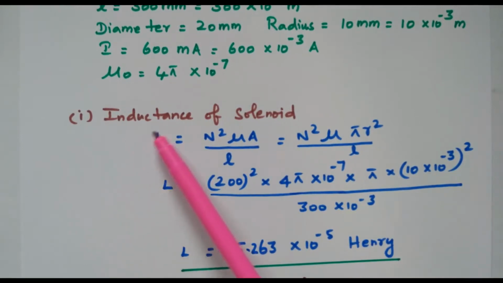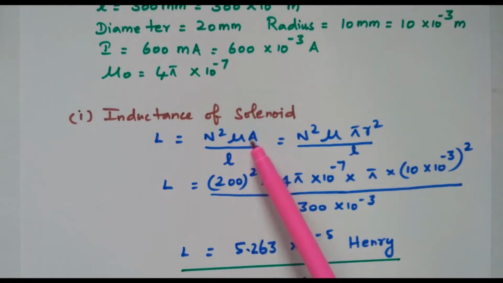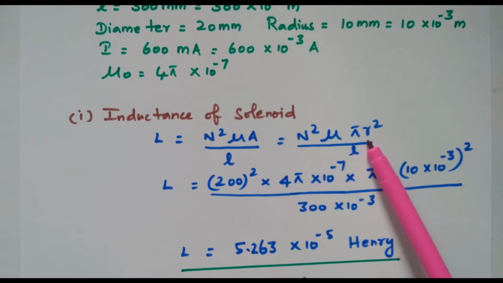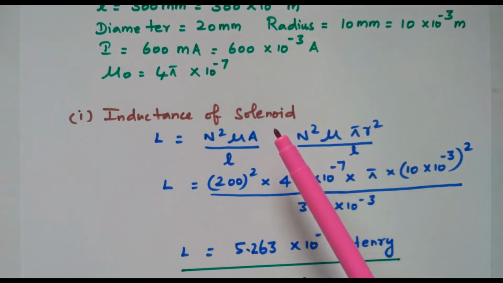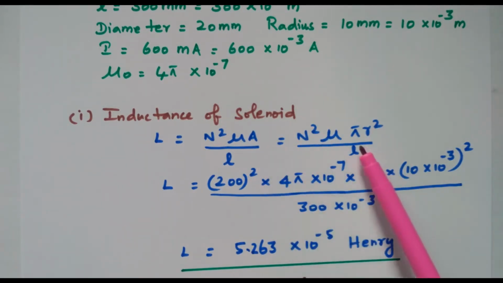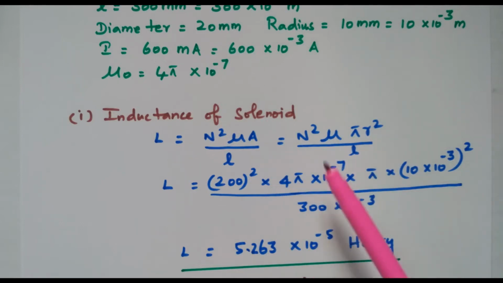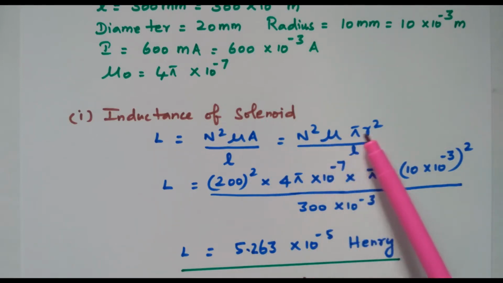So the inductance of the solenoid is L equal to n square mu A by L. Inductance of a solenoid is, just now we discussed, n square mu A by L, right? This A is nothing but pi r square because we have the radius available. So n square mu pi r square divided by L. Now we'll substitute all the values.